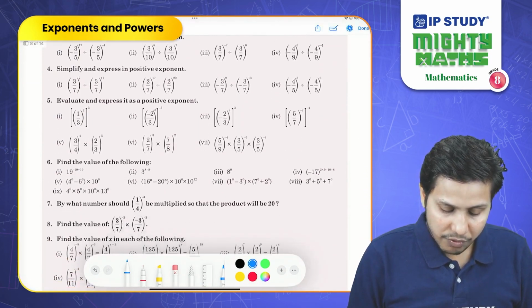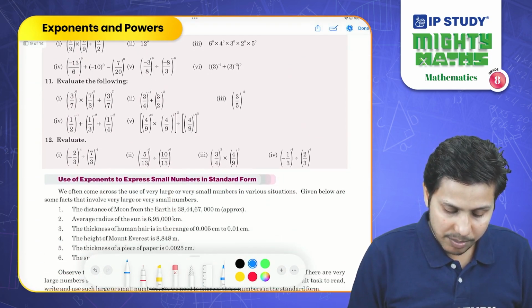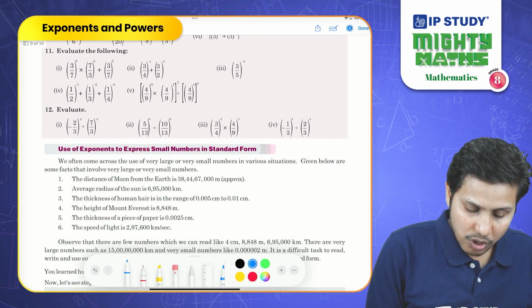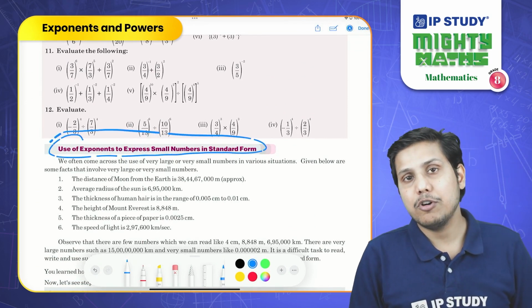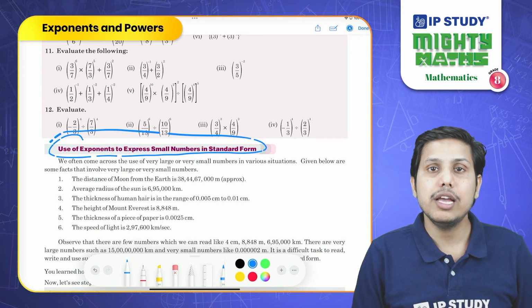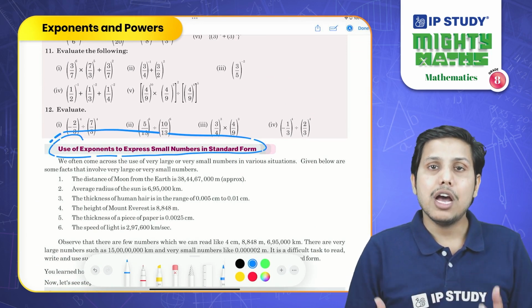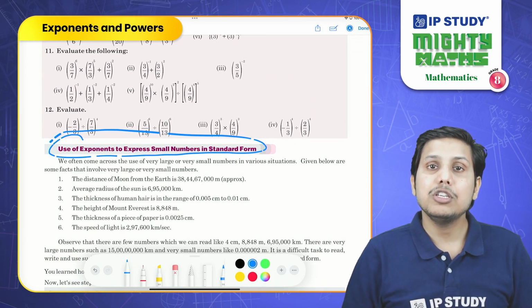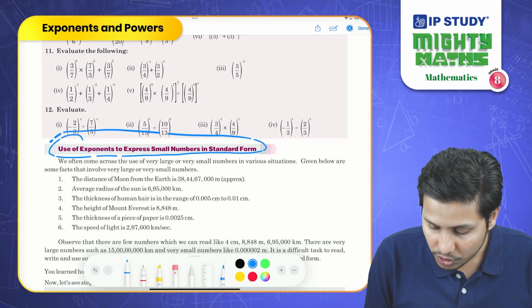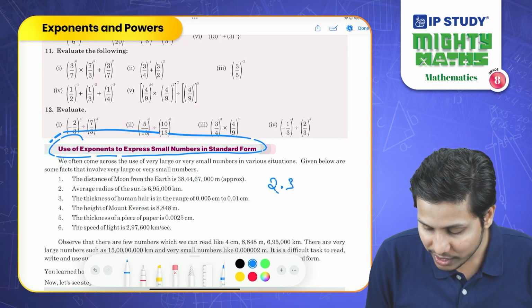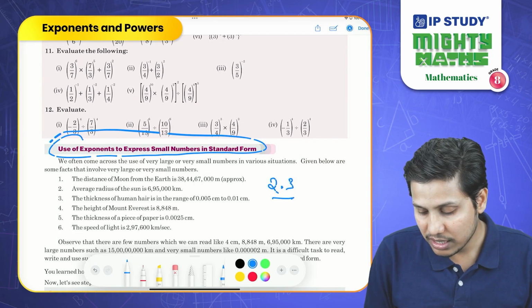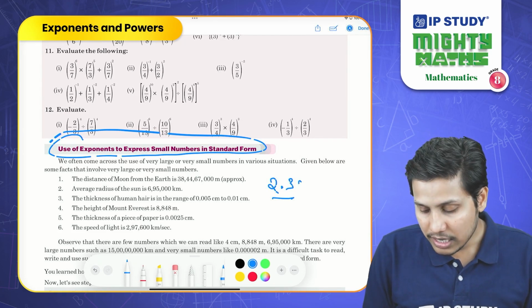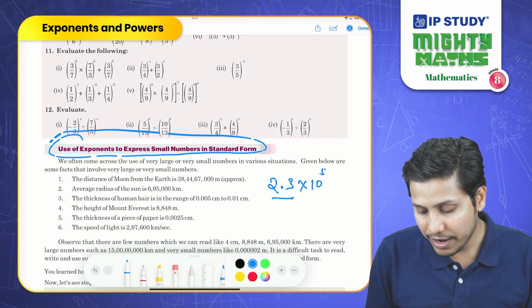Now moving to the next topic, that is use of exponents to express small numbers in standard form. Students, we have already covered in the previous grade how to represent very big numbers using exponents, where we use an expression like 2.3 times 10 raised to the power of 5.